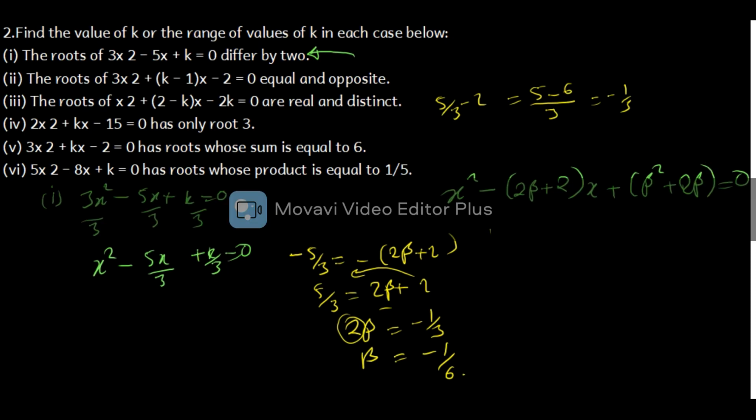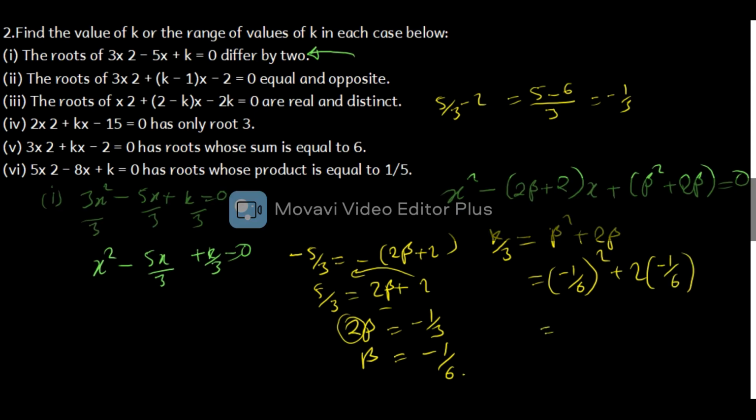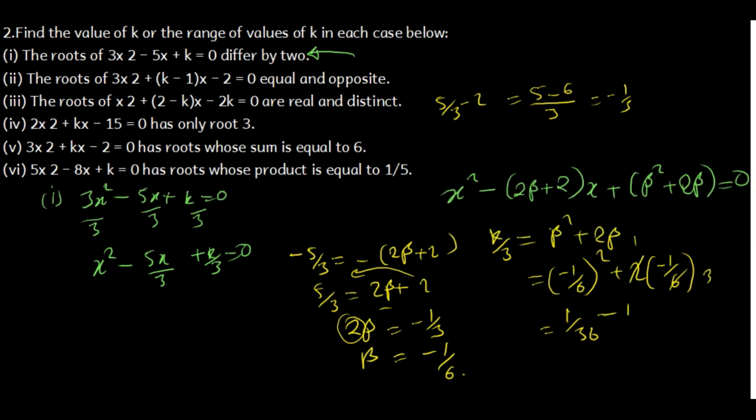So that is going to give k over 3 being equal to beta squared plus 2 beta. But we know the value for beta, that's negative 1 over 6 squared, and then plus 2 times beta, which is negative 1 over 6 again. So that gives me negative 1 over 6 squared, that would be 1 over 36, and then minus, so 2 times negative 1 over 6, 2 there is 1, 2 there is a 3, so that would be negative 1 over 3.